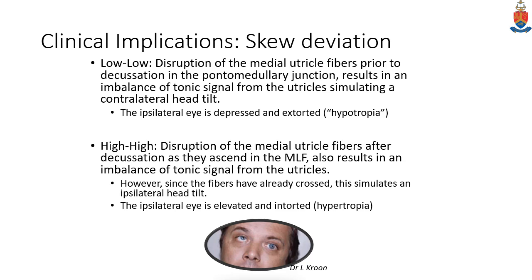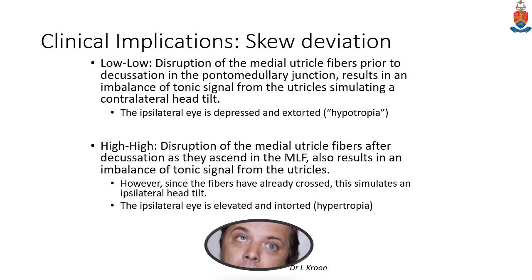And it will feel to the patient as if their head is tilted to the left, even though their head is still straight. As a result, their eyes will move as if their head is tilted to the left. So that means the left eye is going to elevate and intort, and the right eye is going to depress and extort. This is called the low-low lesion. That means the depressed extorted eye is ipsilateral to a lesion of the right dysfunctional vestibular portion of the vestibulocochlear cranial nerve.